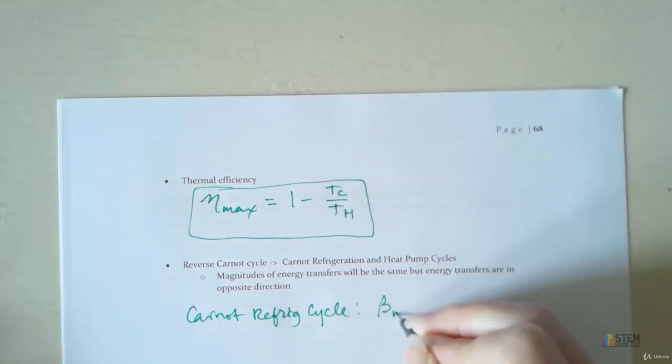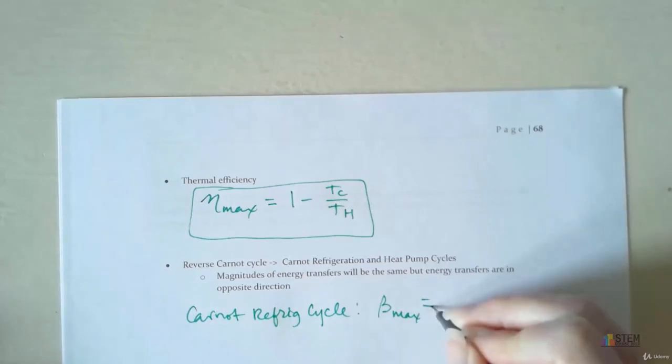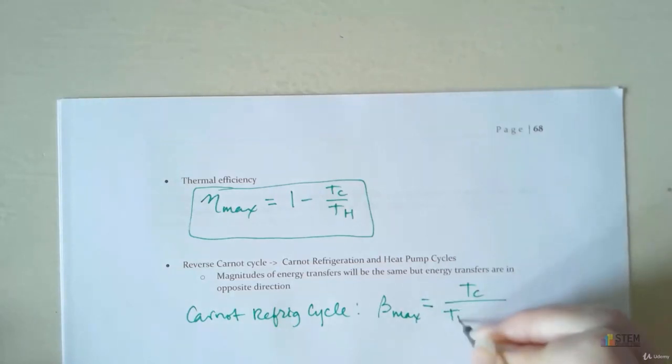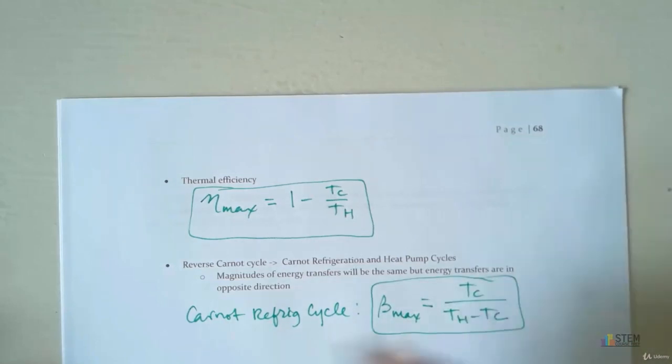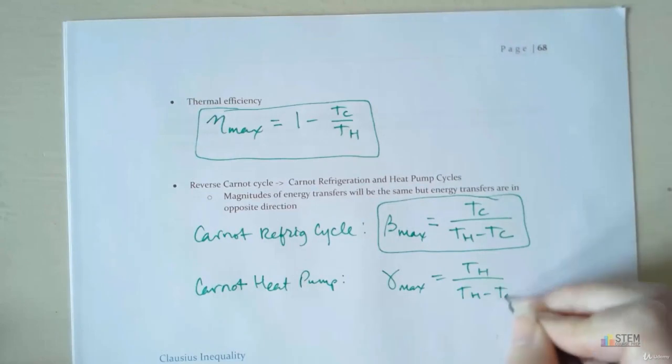So for refrigeration, we're going to have beta max is going to be Tc over Th minus Tc. And then for the heat pump cycle, we're going to have gamma max. That'll be Th over Th minus Tc.